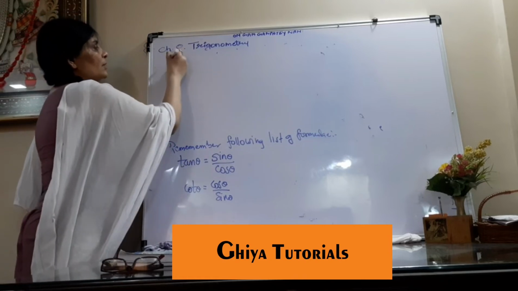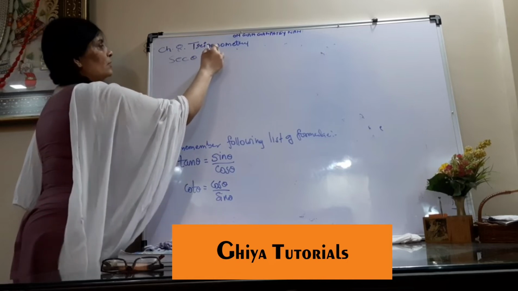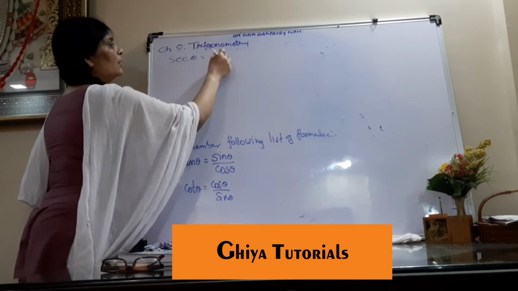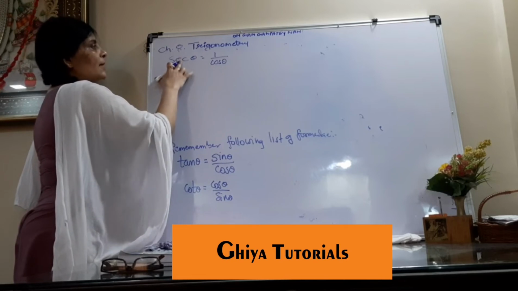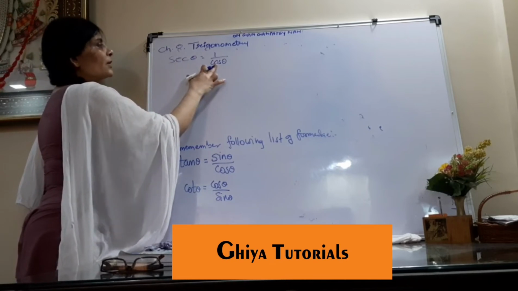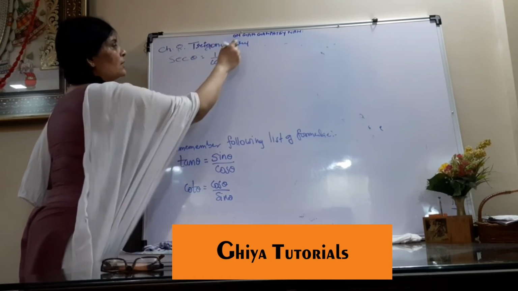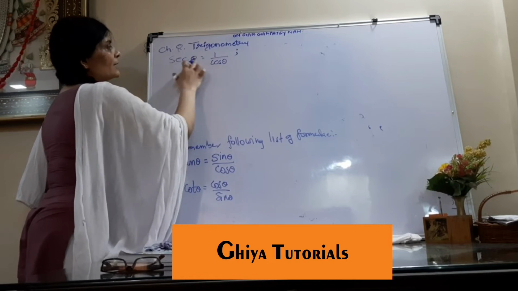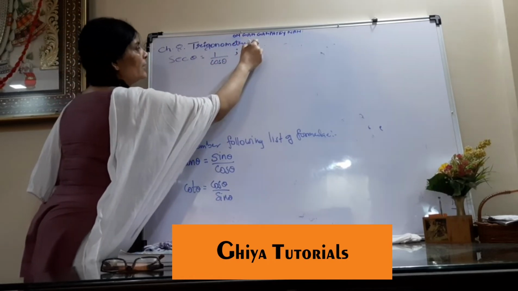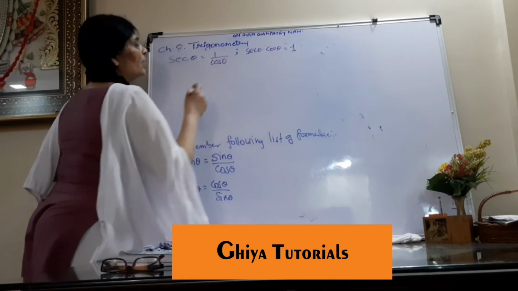Then what is sec theta? Similarly, sec theta equals 1 upon cos theta, because we studied in theory that sec and cos are inverse functions of each other. When I cross multiply, sec theta into cos theta equals 1.